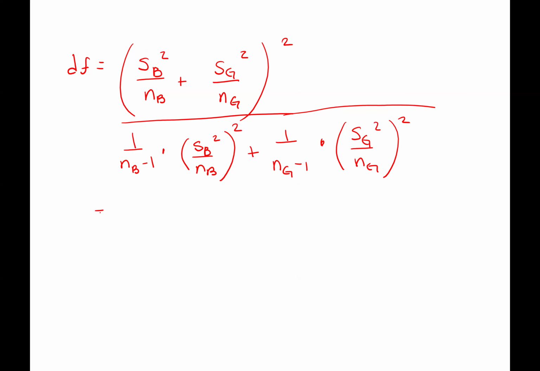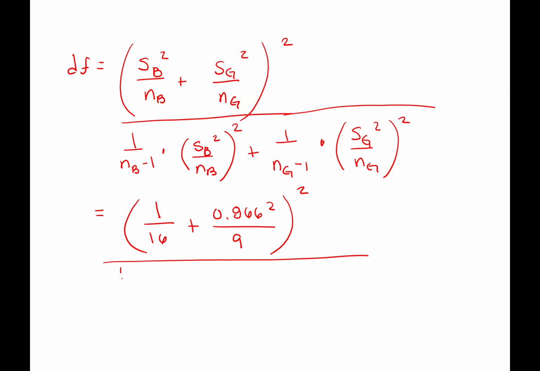So this is going to be 1, because the standard deviation of the boys was 1, 1 over 16, plus the standard deviation of the girls, which was 0.866, squared over their sample size of 9. Then you take all that and square it.